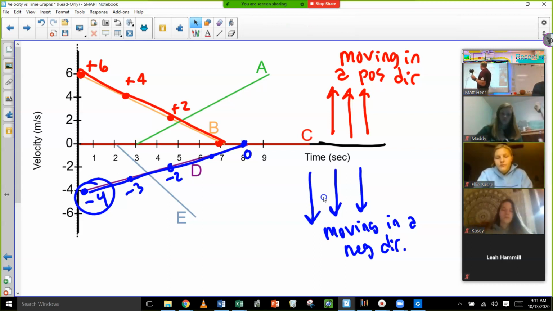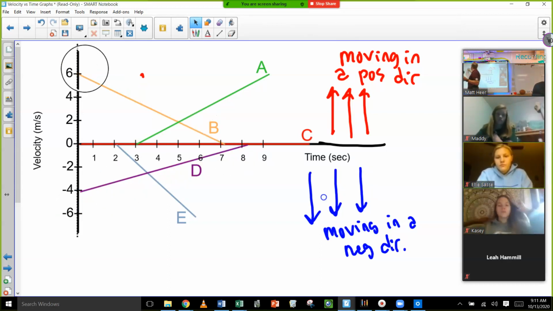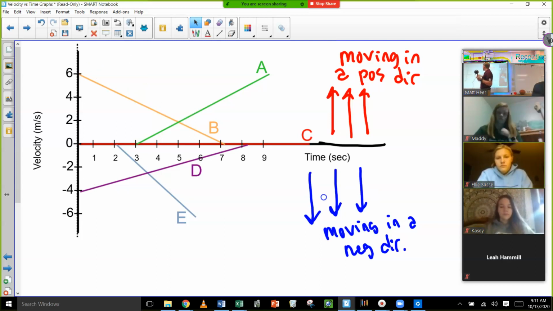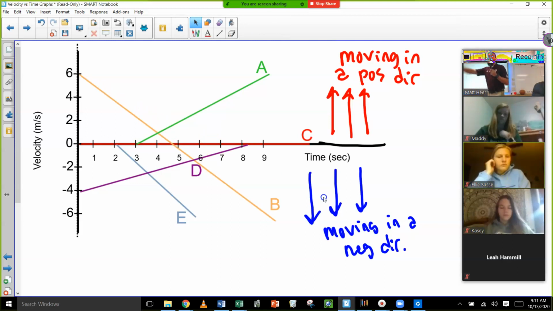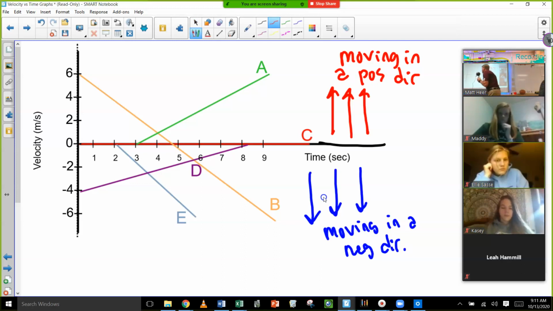Sometimes where it gets a little confusing, and the really difficult graphs to understand, are what happens when a graph crosses over the axis. You know what I mean? Like, what if I have a graph that goes from one side to the other? Then you get multiple things happening. Because at the beginning, you're moving really, really fast in the positive direction.